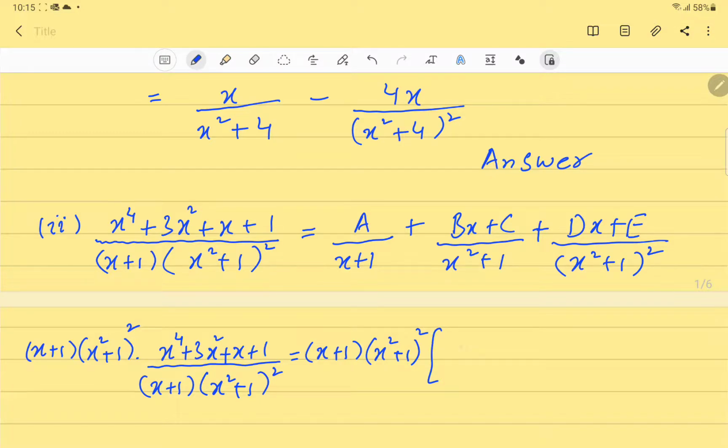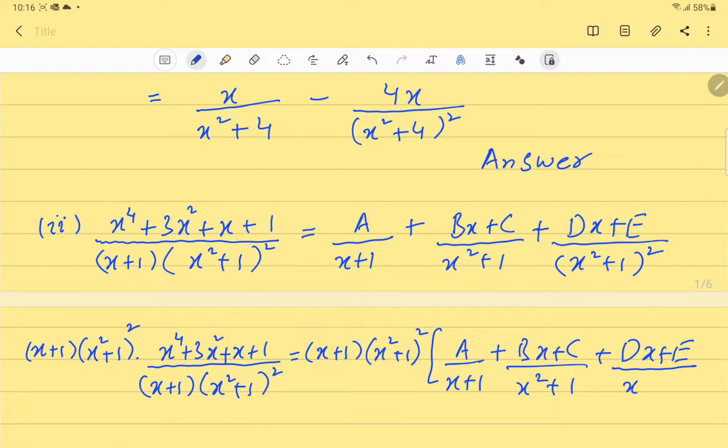We will multiply it with all the three terms, a over x plus 1 plus bx plus c over x squared plus 1 plus dx plus e over x squared plus 1 whole square, and bracket close.